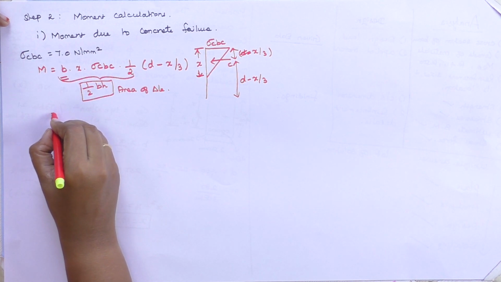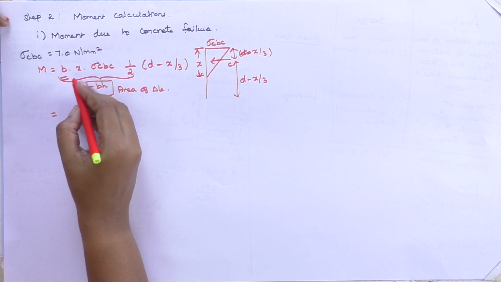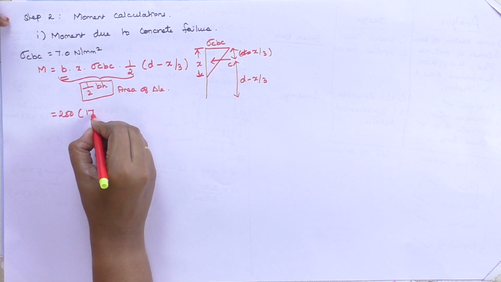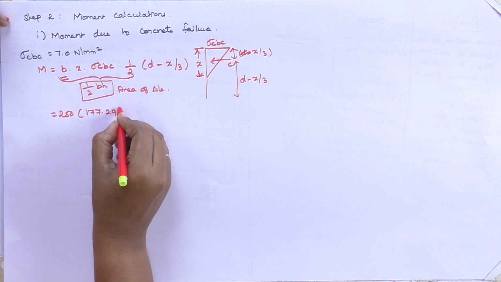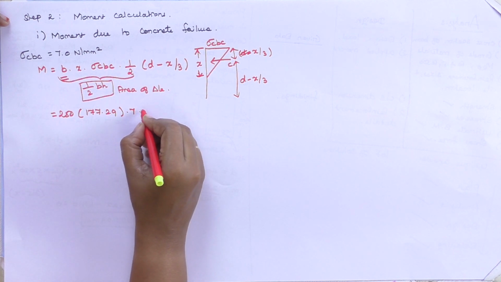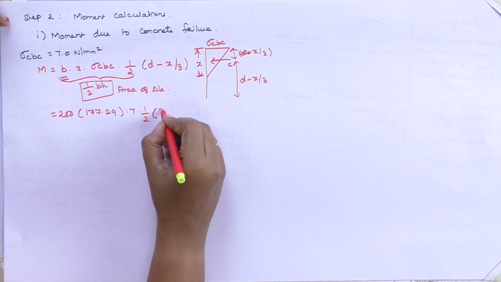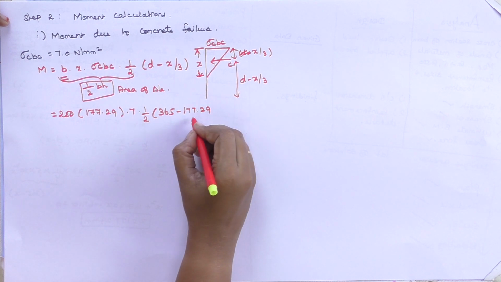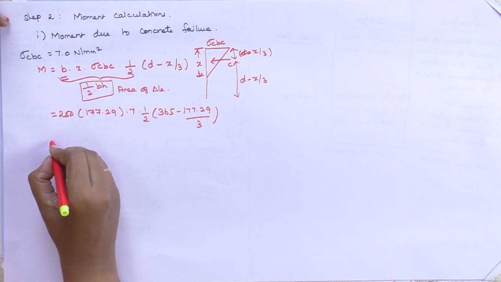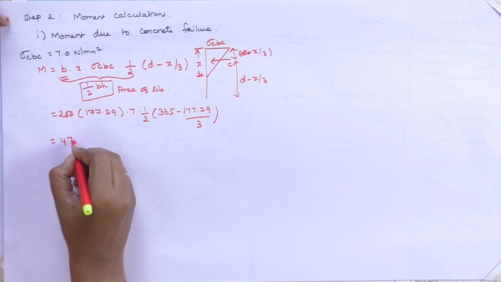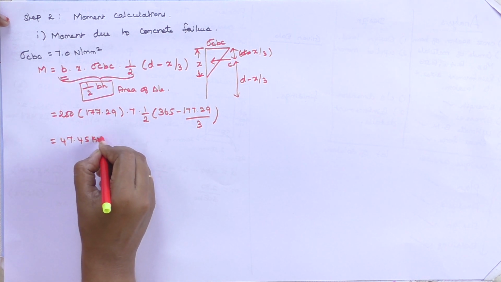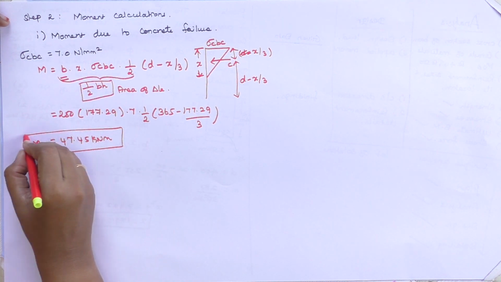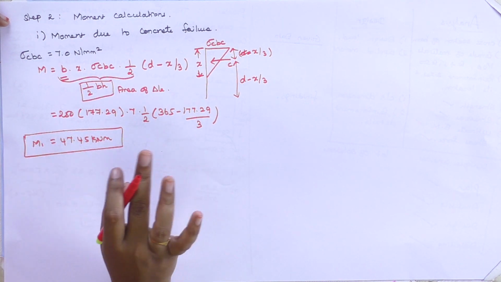Now we can substitute the value of B, that is 250, into x 177.29 into 7 into 1 by 2 into 365 minus 177.29 divided by 3. We can get the answer as 47.45 kilonewton meter. This is M1. We can keep this as M1. This is failure due to concrete.